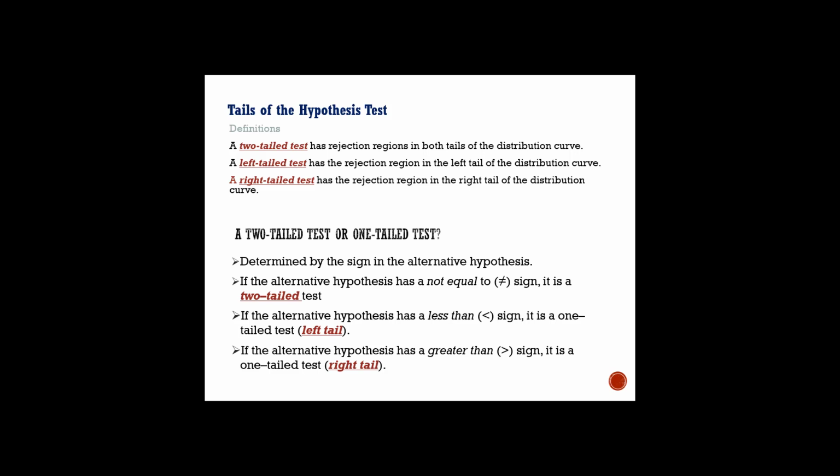If the alternative hypothesis has a less than sign, it's a 1-tailed test, and the test is all in the left tail. Note the arrow in your hypothesis is really pointing you to the rejection region, isn't it? If you think about the inequality sign as an arrow. On the other hand, if the alternative hypothesis has a greater than sign, well, we have a 1-tailed test, and all of the rejection region goes in the right tail.